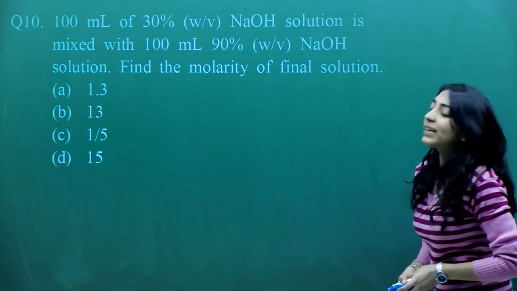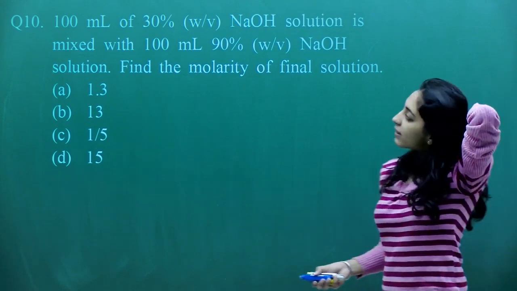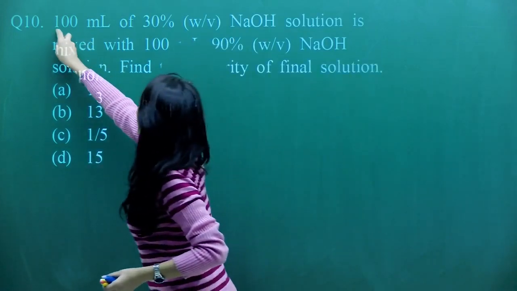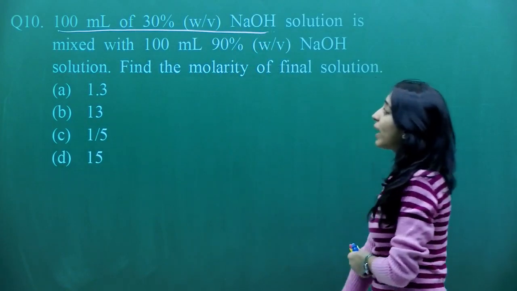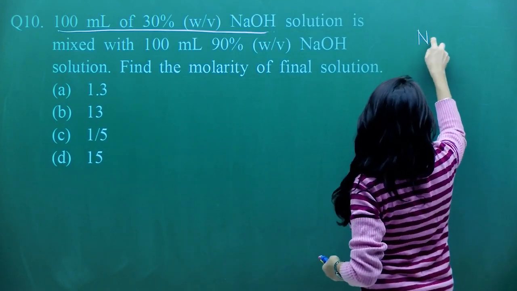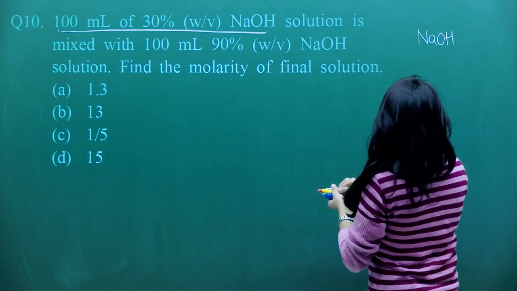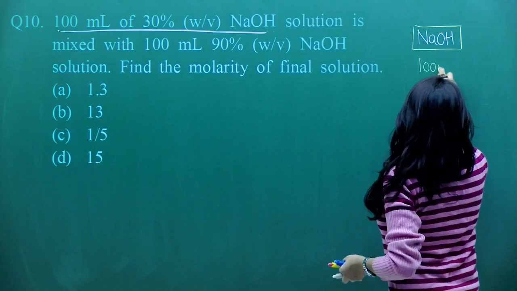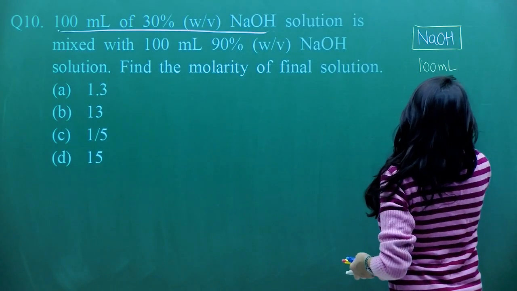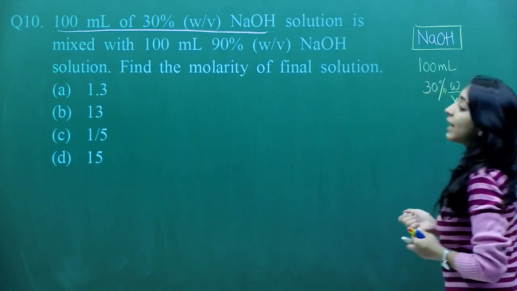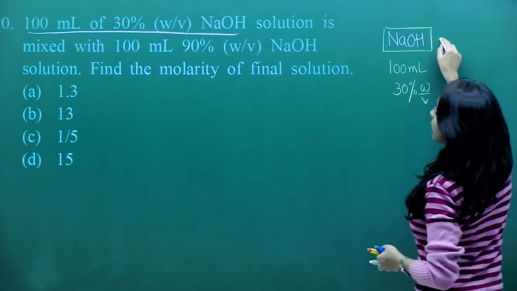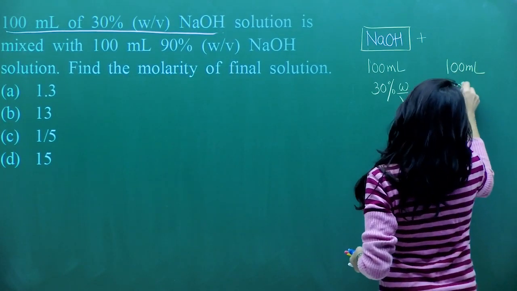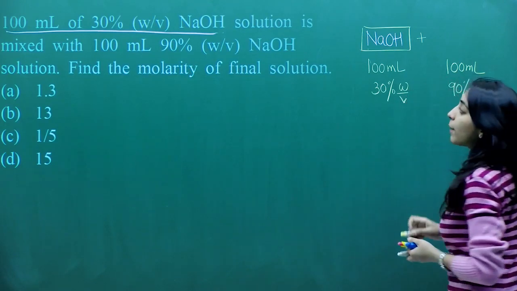So finally coming to the 10th question, which is the last question of the JEE Mains exercise. The question is: 100 ml of 30% weight by volume NaOH solution, taken in a container, is going to be mixed with 100 ml of 90% W by V NaOH.